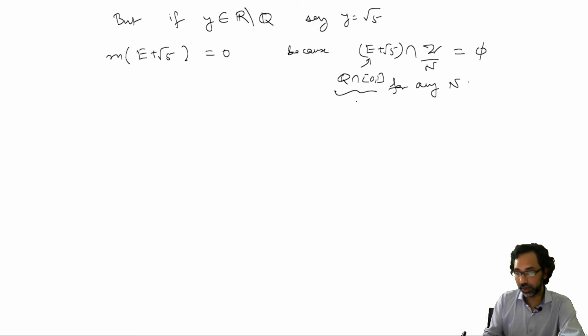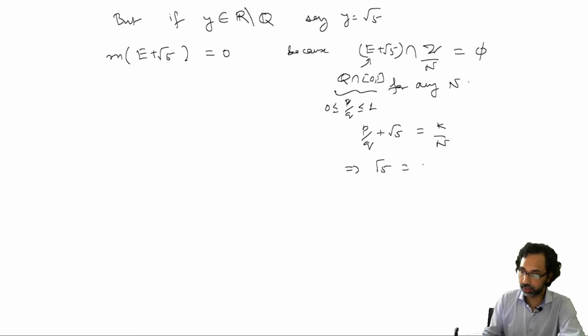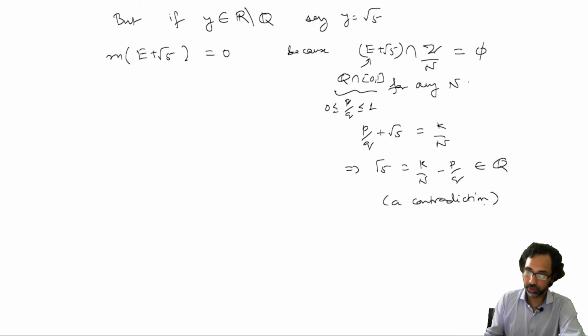So if I take a rational, let's say p by q in 0, 1, and you have p by q plus root 5 is some k over n, then this implies that root 5 is a rational, k over n minus p by q. This belongs to the rationals. This is a contradiction. Therefore, this set is empty. This set is empty for any n, and so the count is 0, and so in the limit you will get 0.